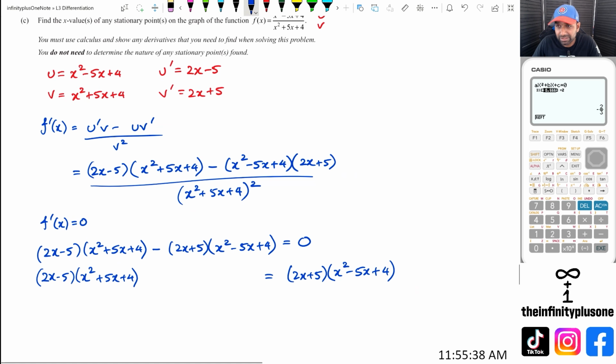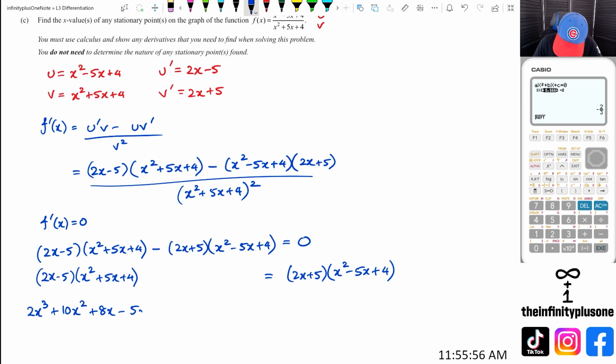So guess what? Oh, I hate doing this, but I have to expand the brackets by the looks of it. So I've got 2x squared, no, 2x cubed. Let's make sure we get this right. Plus 10x squared plus 8x minus 5x squared minus 25x minus 20.